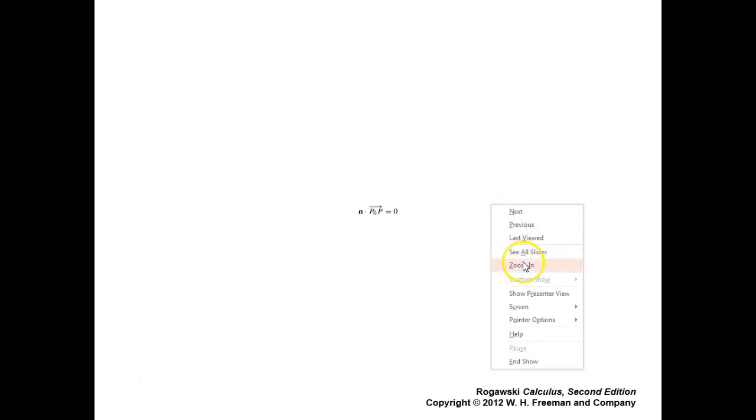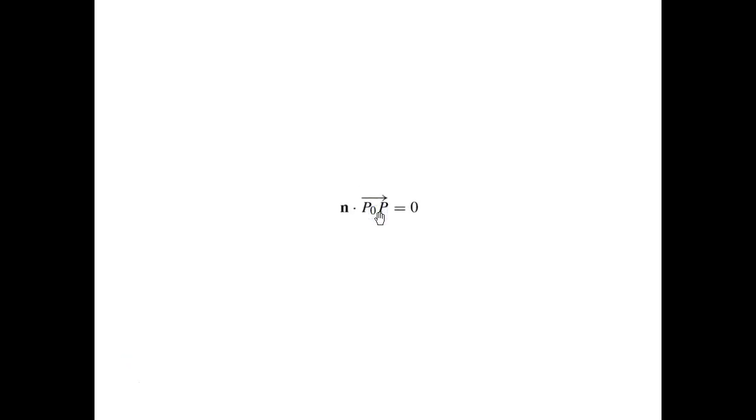Okay? Result of that, then, is that the dot product of that normal vector, which has components, this is vector A, B, C. That's a vector N. You dot that with P0P.